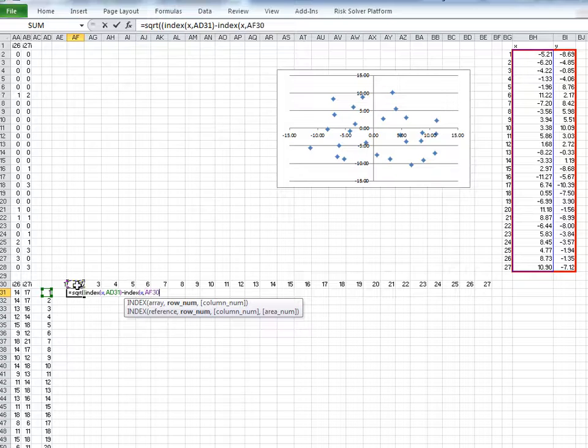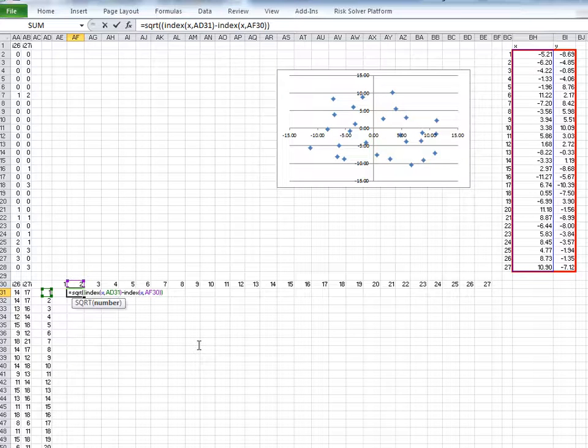So we once again are going to be using those headers on the up and left side, and we just take with INDEX the first point's x coordinate, and with INDEX the second point's x coordinate. We put a parenthesis around here as well, so we take the difference between the two. Remember that there was a double parenthesis in the beginning of the square root as well. We take the difference and we square it.